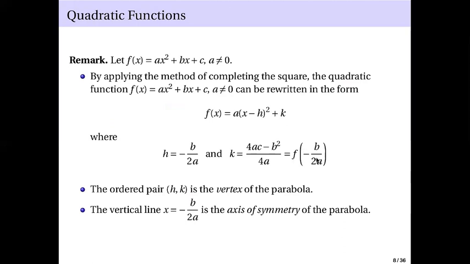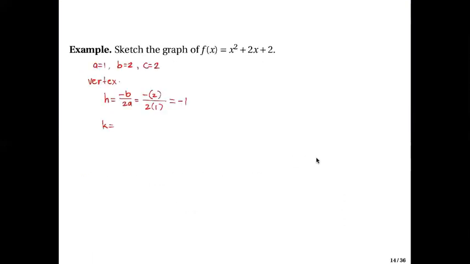Okay? So in here, your k is simply f of h, and you have obtained h to be negative 1. So this is just f of negative 1. If we replace our x with negative 1, we will have negative 1 squared plus 2 times negative 1 plus 2.